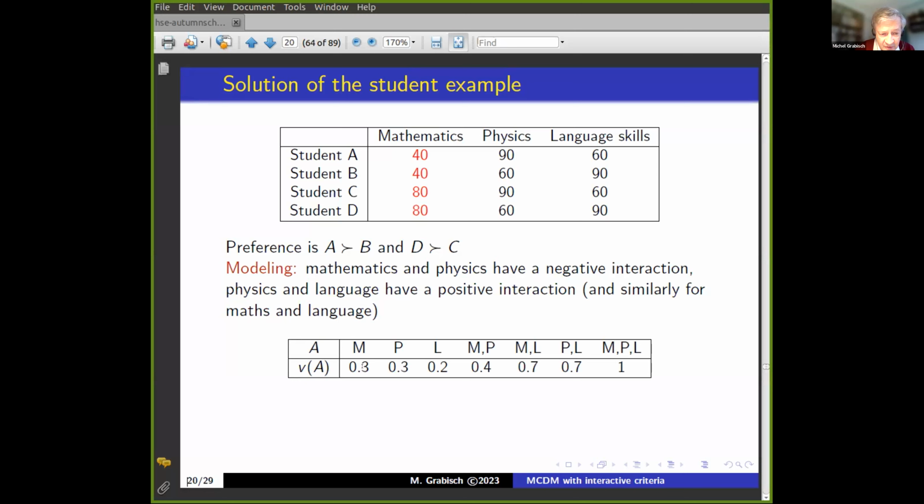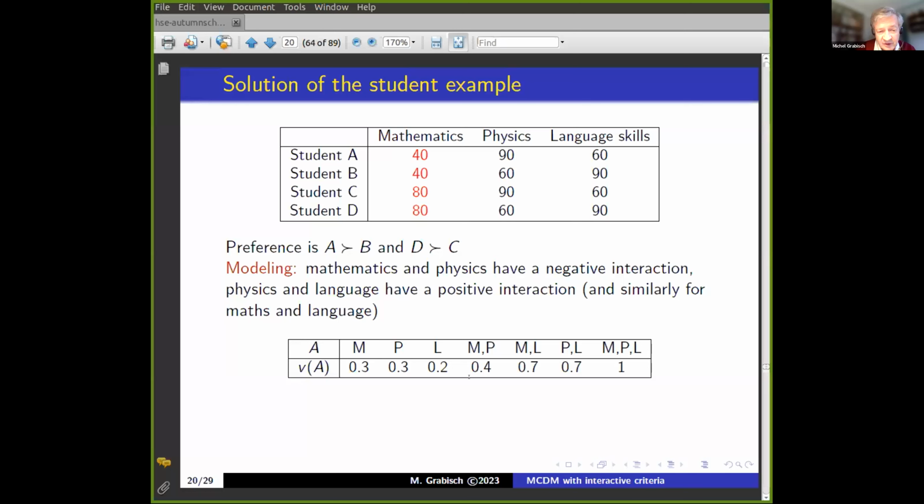Look, these are the individual importance of mathematics, physics, and literature. This is a combined importance of mathematics and physics. You see that it is smaller than the sum of these two numbers, while 0.7 is greater than the sum of these two numbers, which represent positive interaction, and here negative.